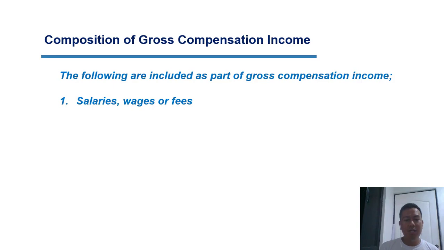The wages are given to our employees on an hourly rate or on a daily basis. Okay? And the fees are given to the individuals of authority. For instance, we have the director's fee. We have the legal fee and accountant fee. Okay? So that is basically the difference with regards to salaries, wages, or fees.